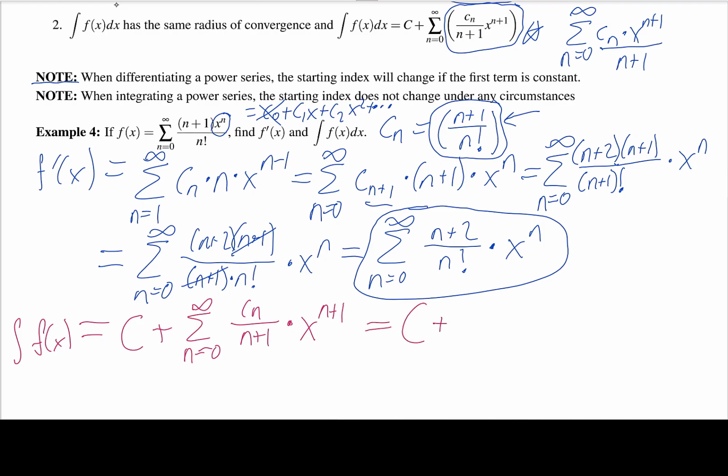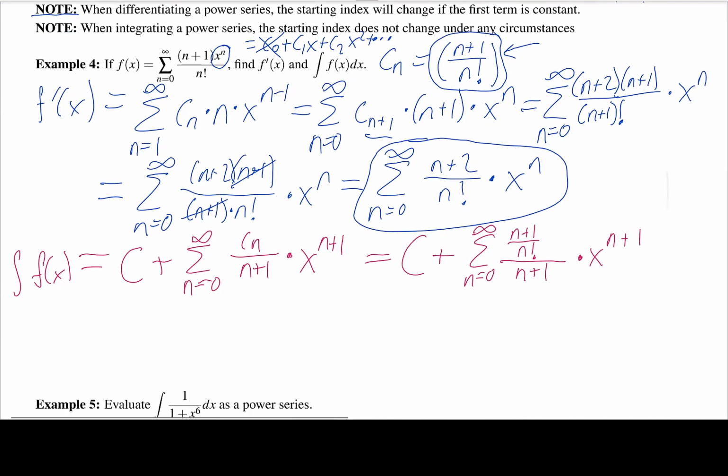So this would be c plus the sum from n equals 0 to infinity. Let's see, c sub n was n plus 1 over n factorial. So we have n plus 1 over n factorial divided by n plus 1 times x to the n plus 1.